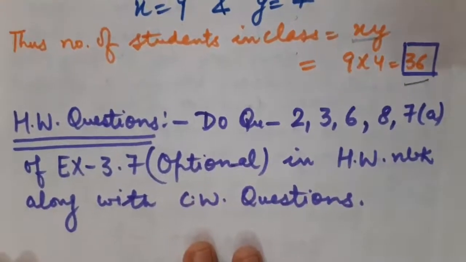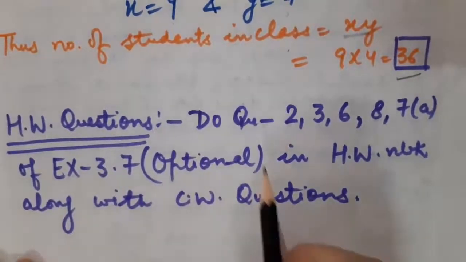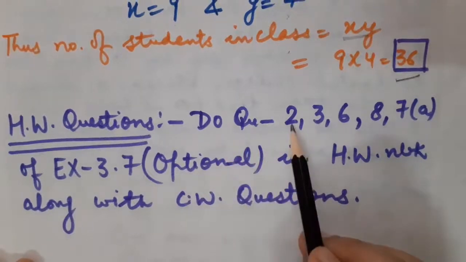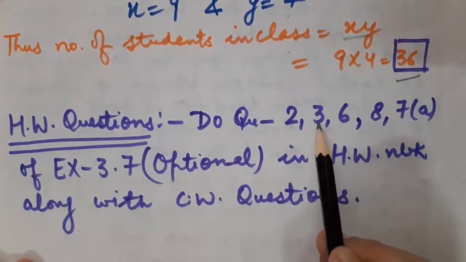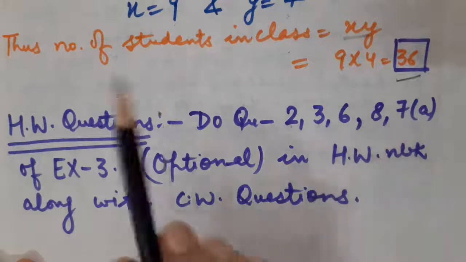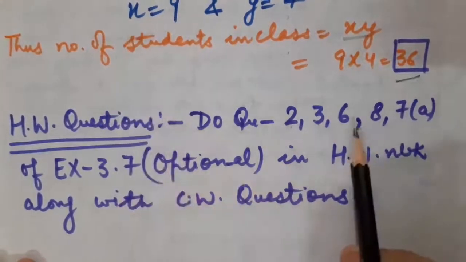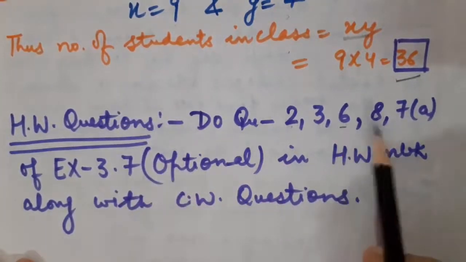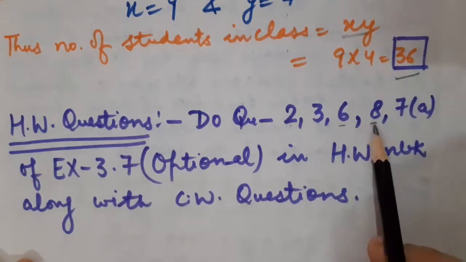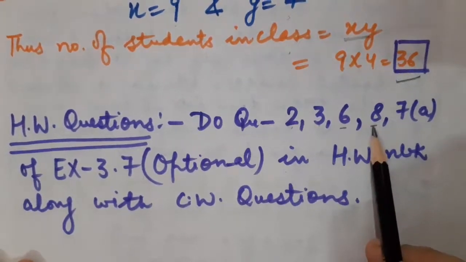Children, please note down your mathematics homework. You have to do question number 2, 3. 3 is just based on this question number 4. Question number 6, 8. In the 8th question, you will have a cyclic quadrilateral given. You know what the properties of the cyclic quadrilateral are?